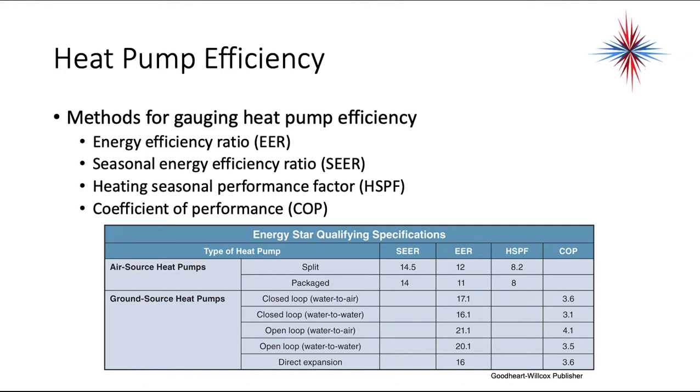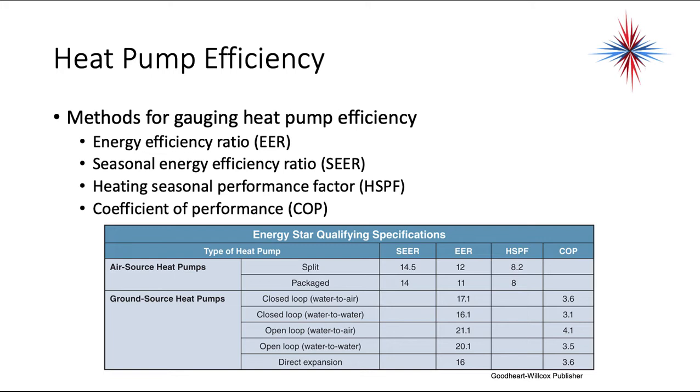Air source heat pumps for split systems can actually hit up to 14.5 SEER, 12 EER, or 8.2 HSPF. Packaged units are a little bit lower. Ground source heat pumps can hit up to 17.1 or 21.1.